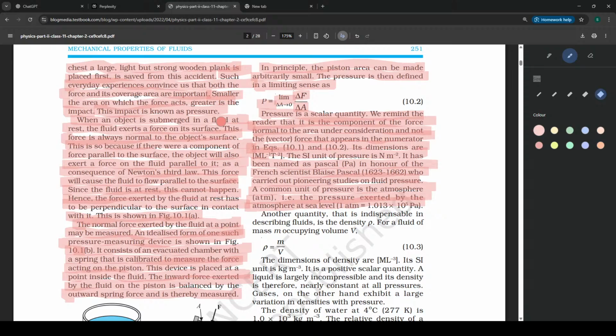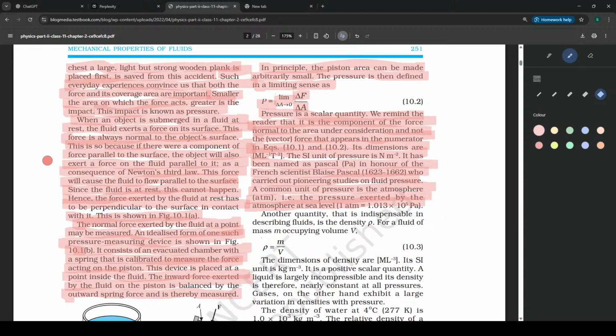Here we can see that pressure is a scalar quantity. It is the force acting normal to the surface. No matter what kind of pressure it may be, it is a scalar quantity, and it is the force acting normal to the surface area, whether the surface of the piston or of any kind of object.